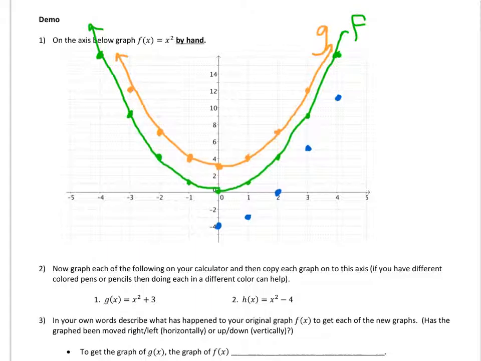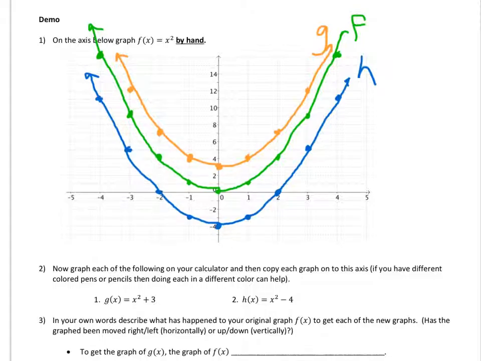And then the other half of the graph is symmetric. So I can just copy the heights of these other points. And connect those. And there is the graph of H.